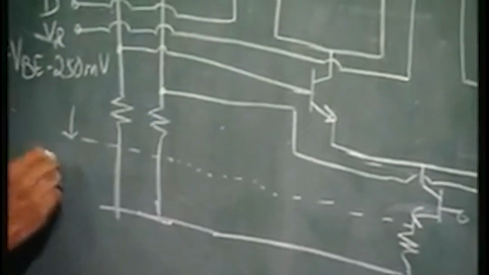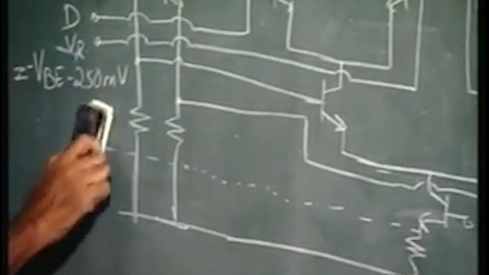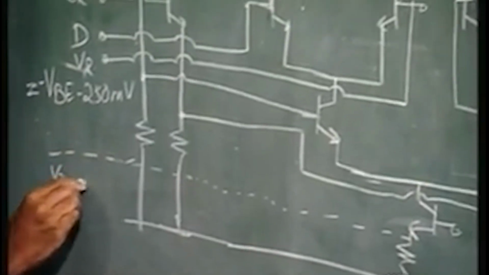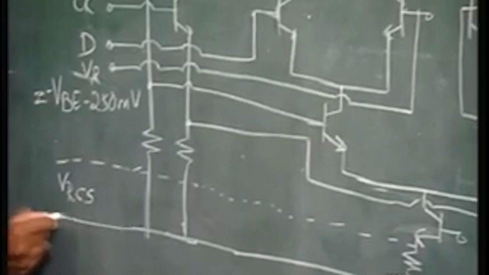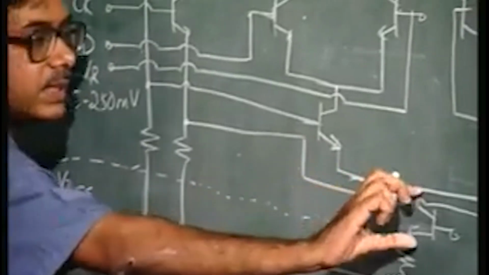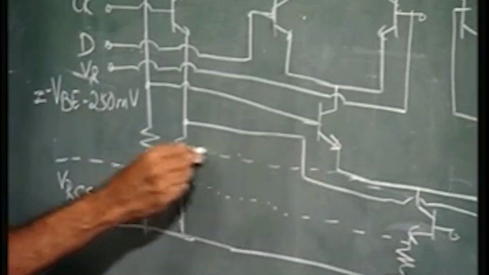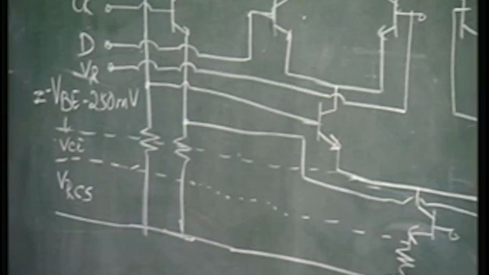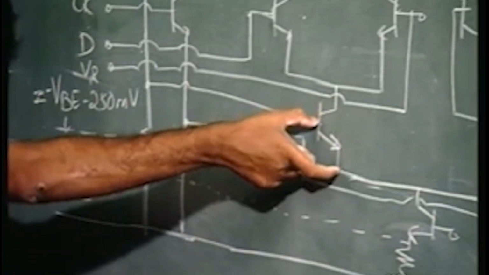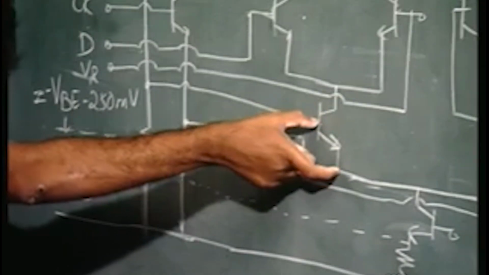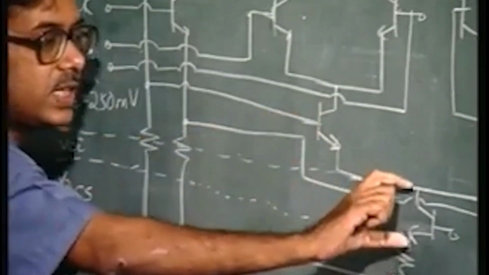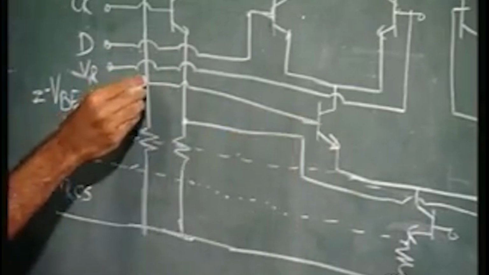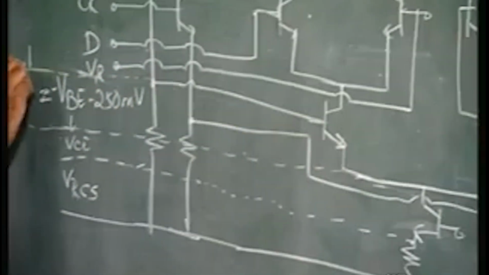So, let us call this VRCS, the drop across the resistance for the current source. Then you have the VCE of this transistor. Then you have the VBE of this transistor. From here this is VRCS, then you have VCE. From here to here you have VBE, another VBE. I think another VBE will be there.